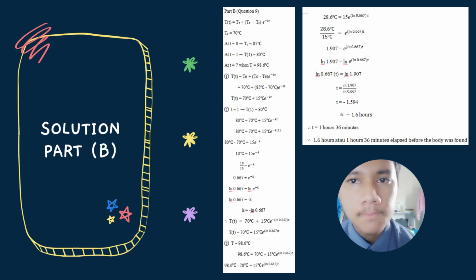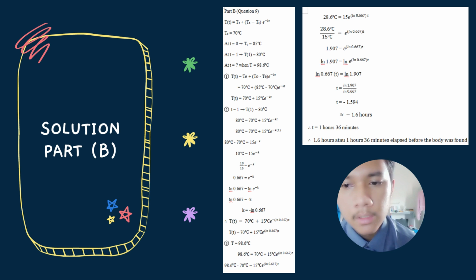So we put the temperature into the formula, and then we get the equation which is T equals 70 degrees Celsius plus 15 degrees Celsius e^(ln 0.667 times t).